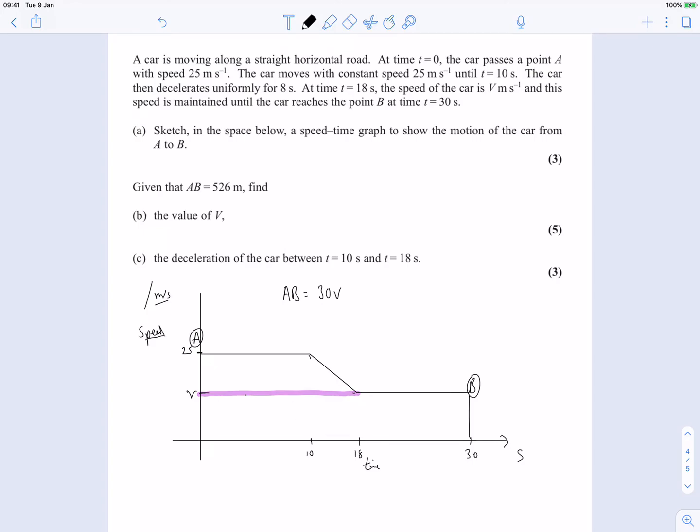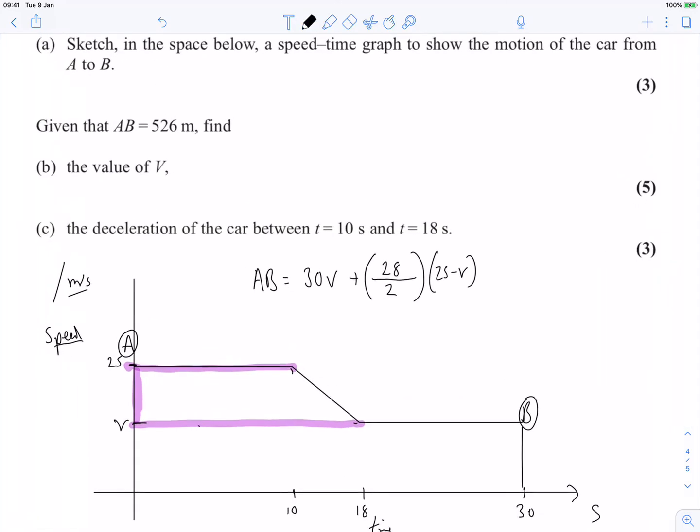And then plus the trapezium, it's going to be half of the two parallel sides, that's 10 plus 18, so it's 28, times by the perpendicular height, which is 25 minus V. Okay, 25 minus V is that width. Two parallel sides are 10 and 18. Hopefully you can see that.